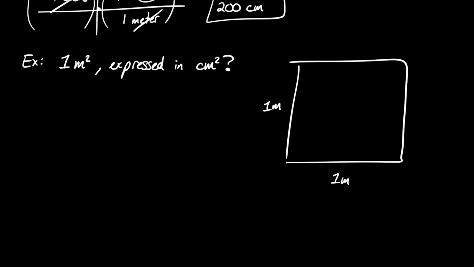And if instead you want to figure out how many little centimeter by centimeter chunks there are in this, you're going to have 100 of those little red chunks on this axis and 100 of the little red chunks on this axis.